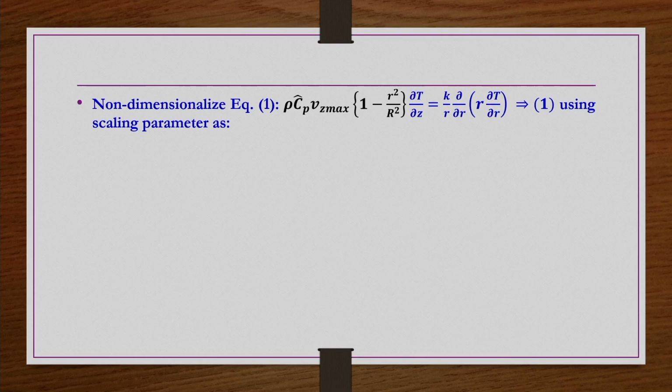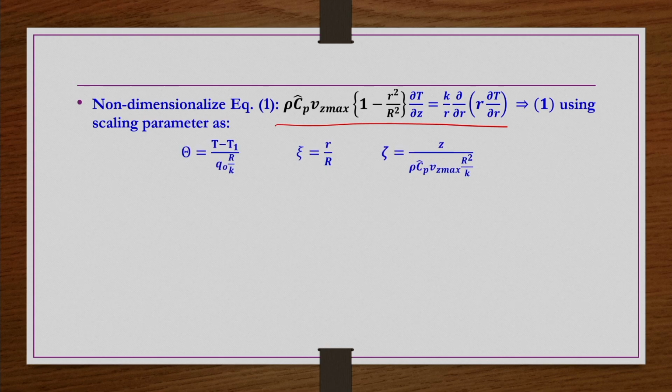For equation number 1, rather than solving in this form, we make it non-dimensional. Scaling parameters are given here. Capital theta is the dimensionless temperature. In the previous problem you may be thinking that delta T was non-dimensionalized using T1 minus T lambda or T lambda minus T1, whatever, but now why are we taking Q naught r by K to non-dimensionalize the temperature difference?